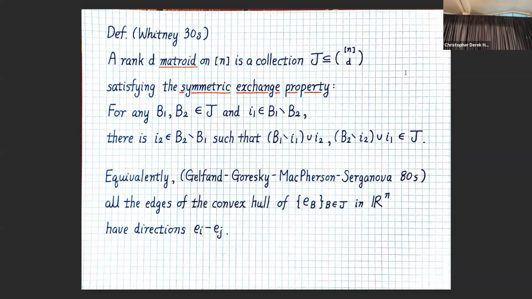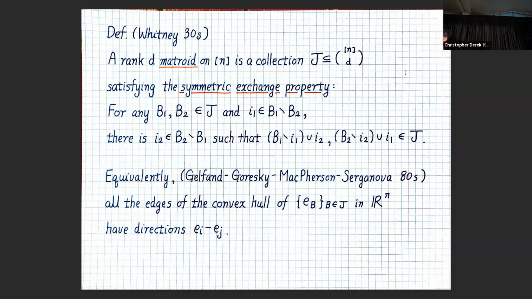Instead of looking at a collection of subsets of n, you look at each subset as a 0,1 vector inside R^n, and you take the convex hull. The condition defined by Whitney is equivalent to the condition that all the edges of the convex hull of these 0,1 vectors have a direction which is a root of type A, e_i minus e_j.